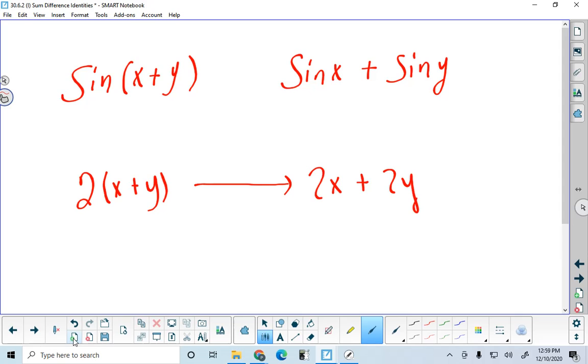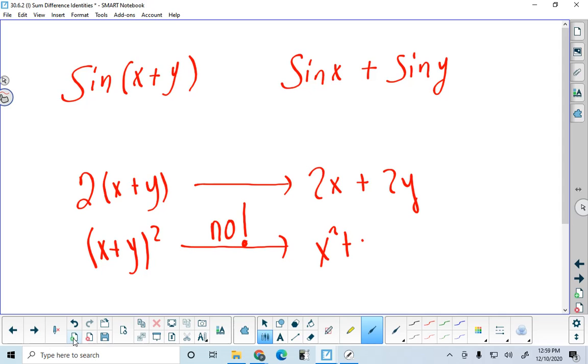If instead of a 2 we have squaring, you are not allowed to write x squared plus y squared. This is okay, this is not. Some mathematical operations can be distributed among the pieces, but sine cannot.